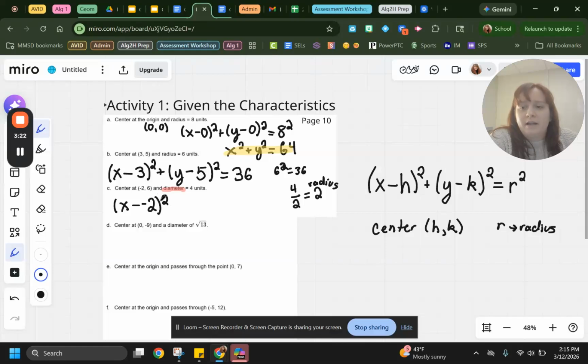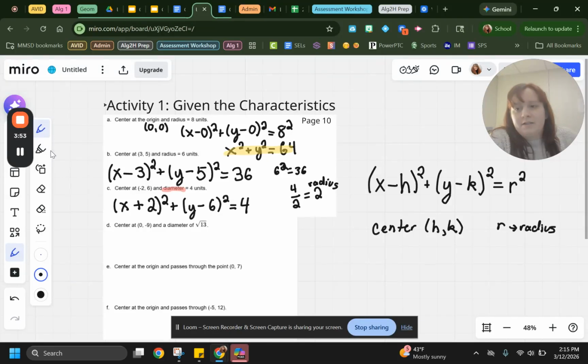You can leave it like that, or we know that if we subtract a negative, that turns into a positive. So I would accept either minus a negative or a positive 2. And then plus (y minus the y value of our center, which is 6) squared equals, our radius here is 2. 2 squared is 4. So in this case, it is the same thing as our diameter, but it's not always going to be. That only happens if our radius is 2.